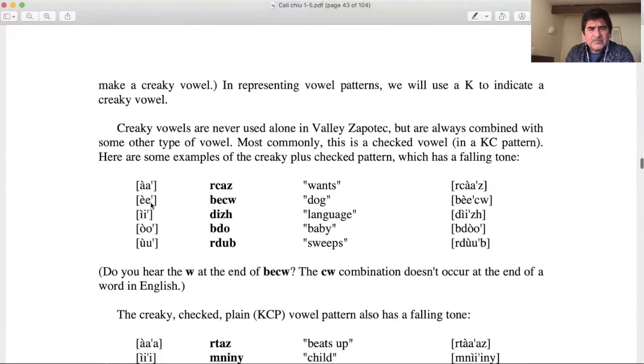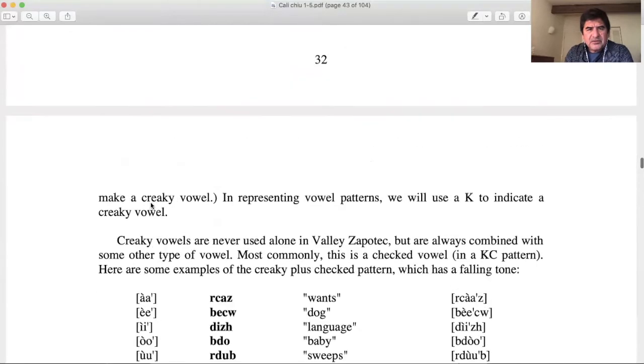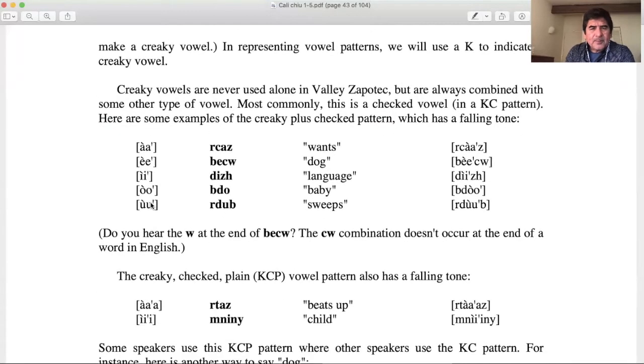So let's start then on top of page 33. And just one thing about creaky vowels, that it never stands alone, such as the other vowels that we've looked at previously. If you remember, for example, the Czech vowel, chat, C-H-A-T, so it's just a vowel check, right?